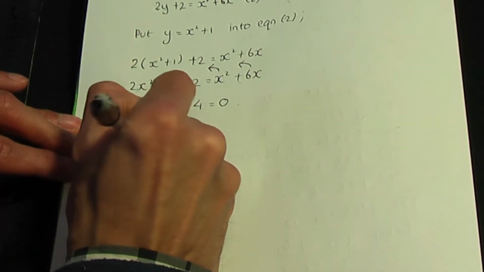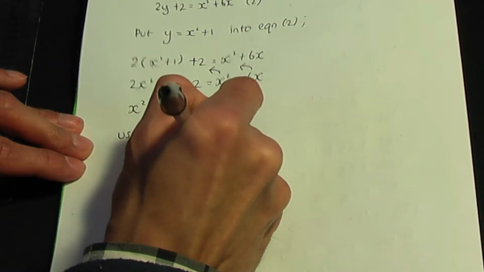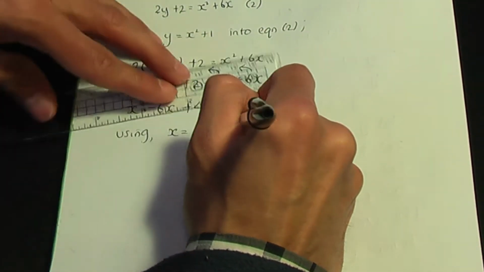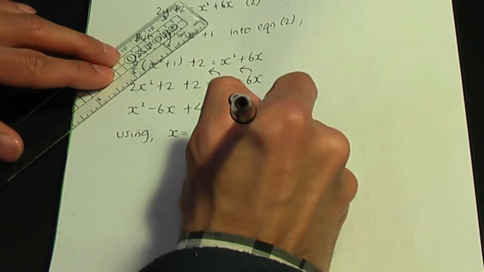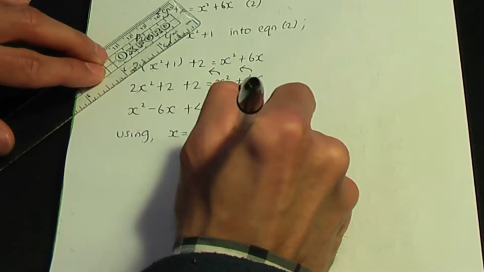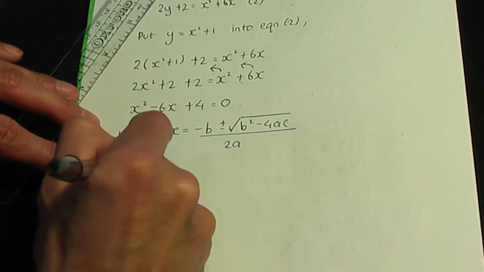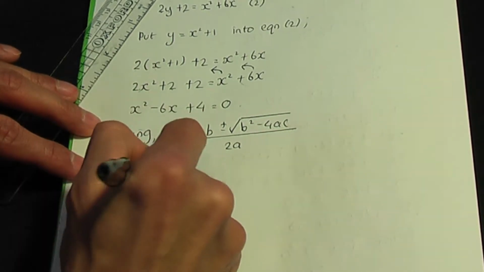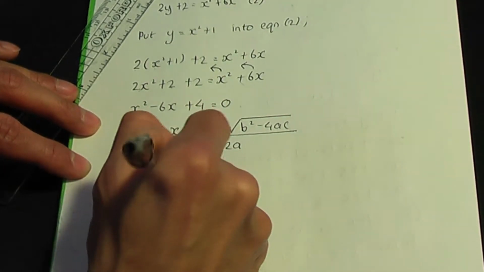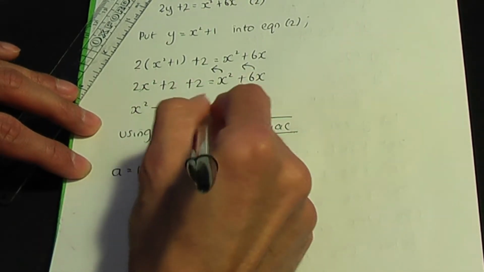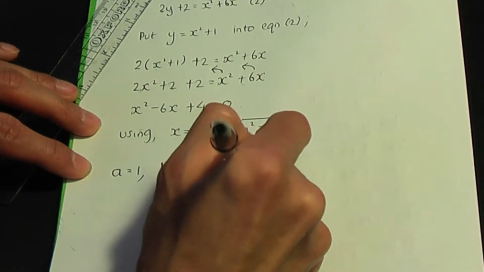So remember the formula, x is minus b, plus or minus square root b squared minus 4ac all over 2a. So for the formula, a, the coefficient of x squared is 1, b, the coefficient of x is minus 6, c, the constant in the quadratic is plus 4.